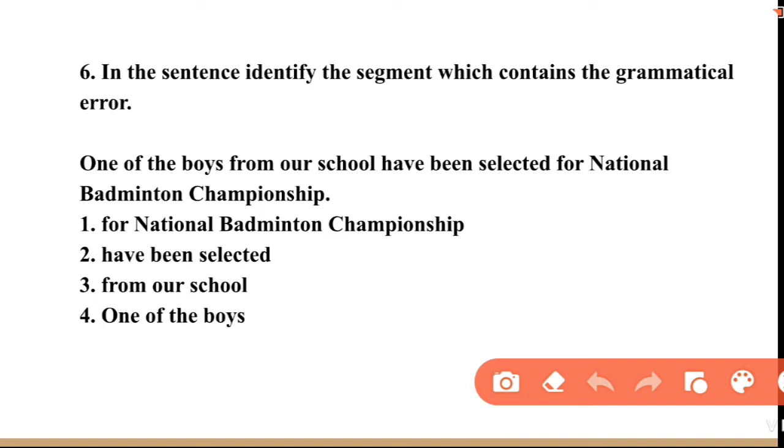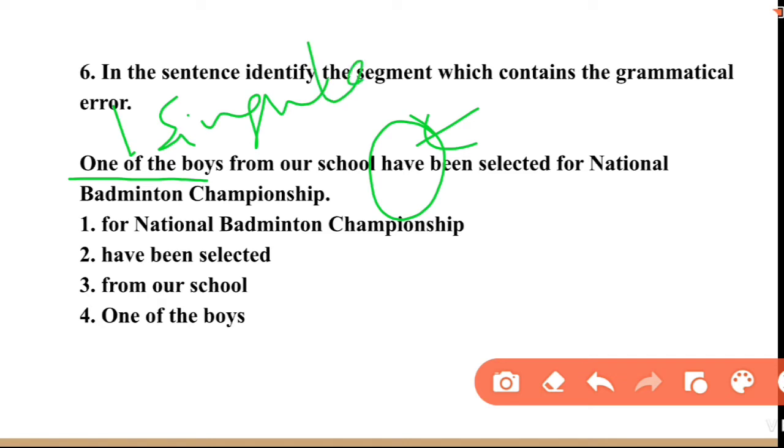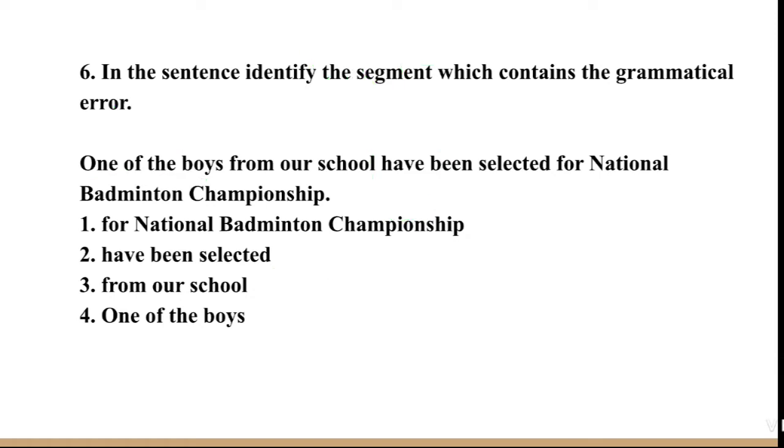One of the boys from our school have been selected for national badminton championship. It would not be have been, it would be has been, because one of the boys is singular. So in this case, it would be has. So have been selected would be the answer.